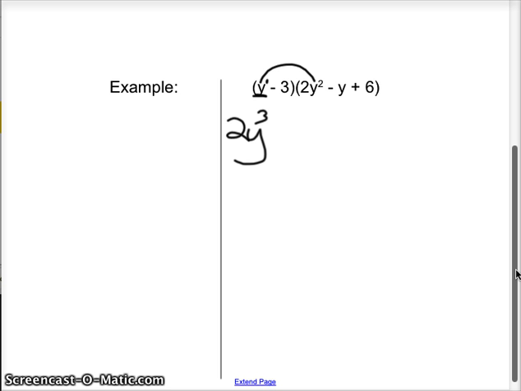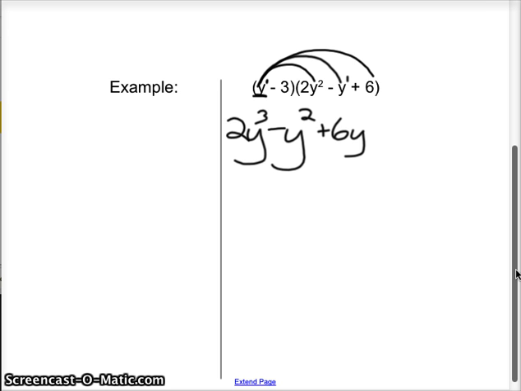I'm going to distribute that y to that negative y. So we have a negative y to the first, 1 plus 1 gives me y to the 2. Then finally y times 6 gives me 6y. So I take the first term and distribute it to everything inside that second parenthesis.